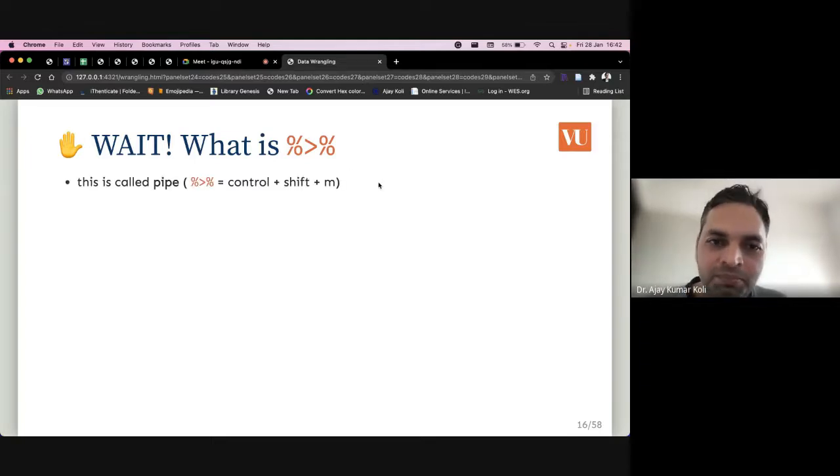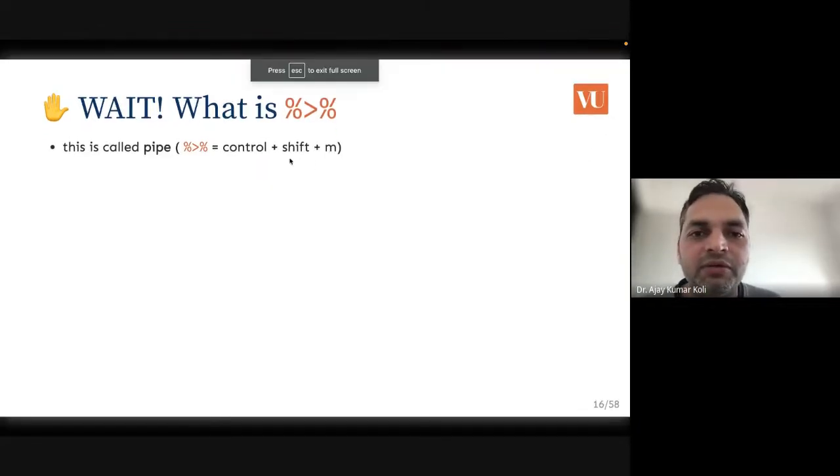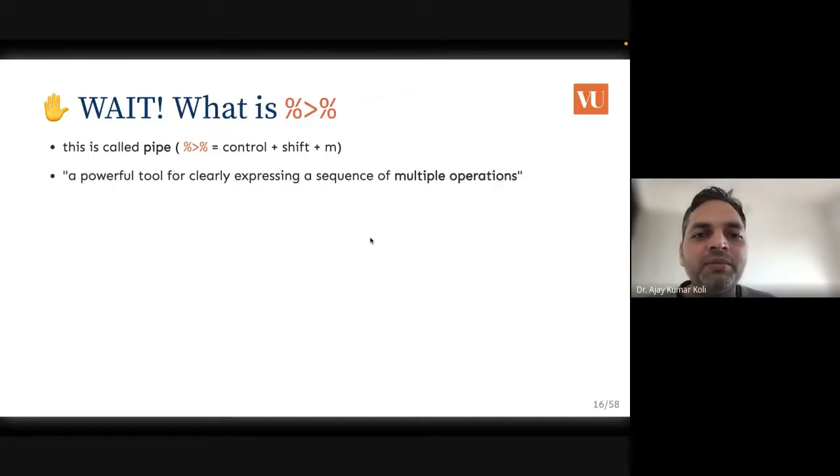This is called a pipe, and the way to introduce it in RStudio is Control Shift M. It is called a pipe because it's a powerful tool to connect multiple operations together. If you remember, in ggplot we were writing plus, but everywhere else, if you want to connect multiple functions together, we should use the pipe.